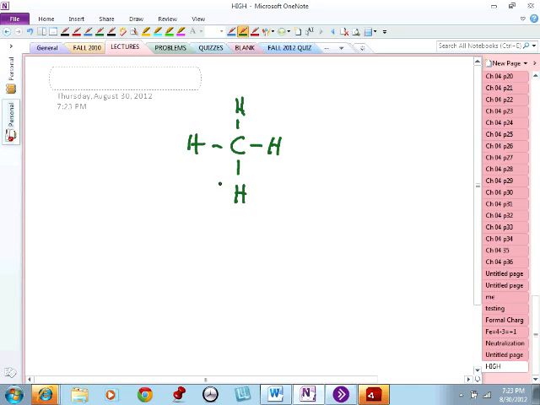Nobody is going to ask you what is the dipole moment of this molecule, because you can only determine that by using an instrument. But we could ask you, do you expect this molecule to have a dipole moment? No, because this molecule is symmetrical. There will be no uneven distribution of electrons within this molecule, so we say this molecule is non-polar.